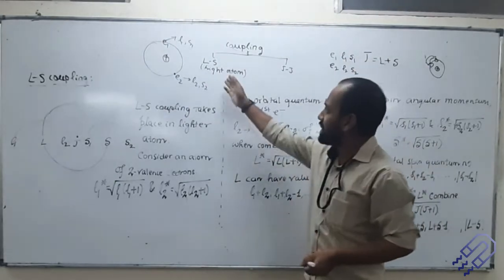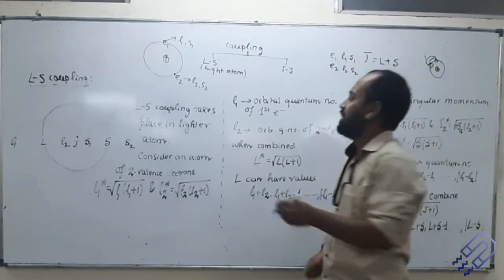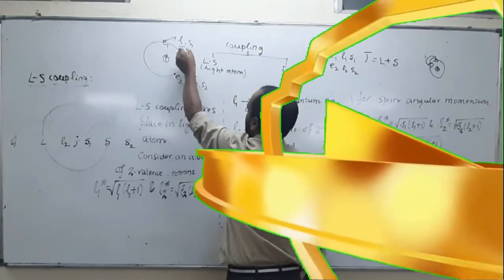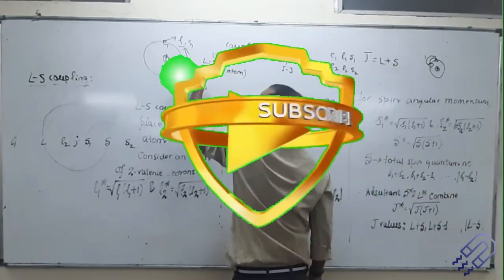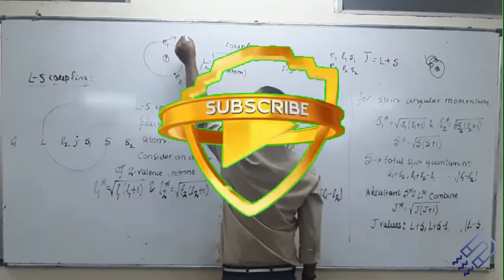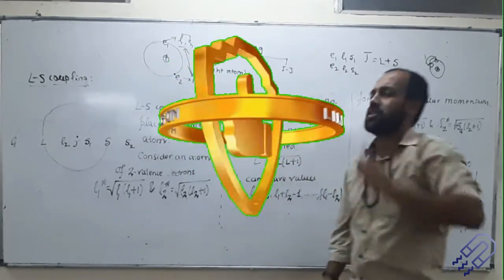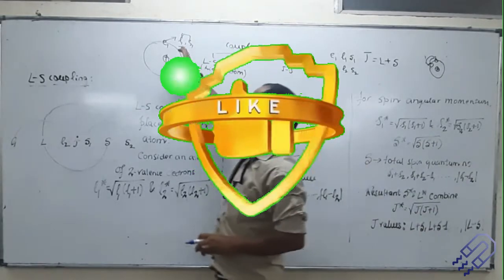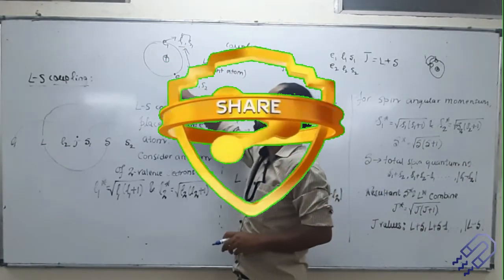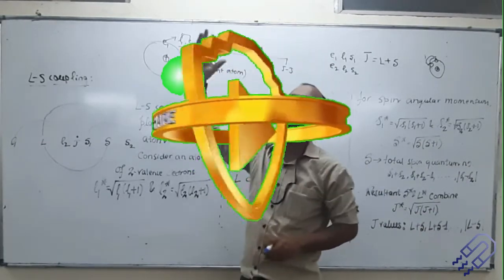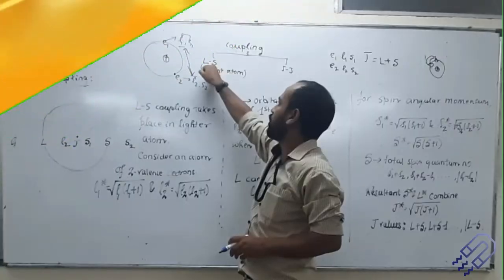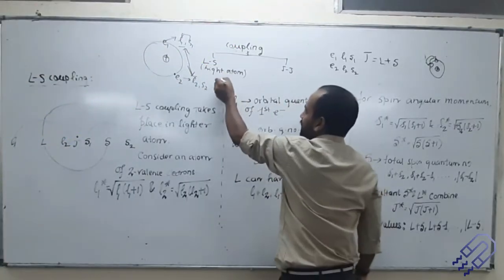Light होता है, हल्का होता है. So this light element has a tendency that the orbital motions of the electrons will have a stronger bonding compared to the bonding between L and S. If you have attended the last two classes, you already know what is L and S. This orbital motion and the orbital motion of these electrons, they will have a stronger bonding, and that is why it is called LS coupling. इसका मतलब क्या है?